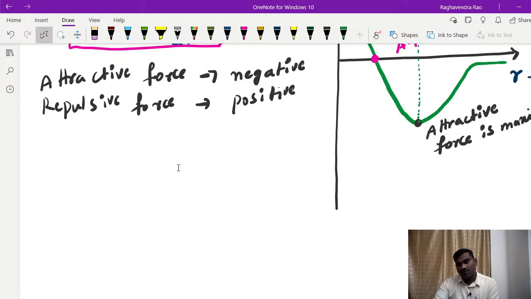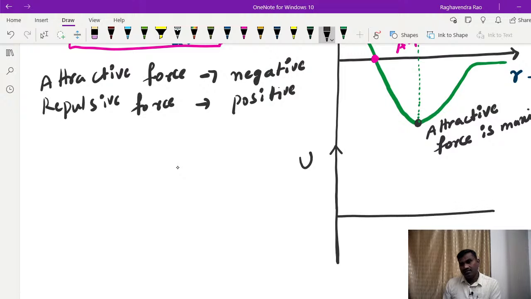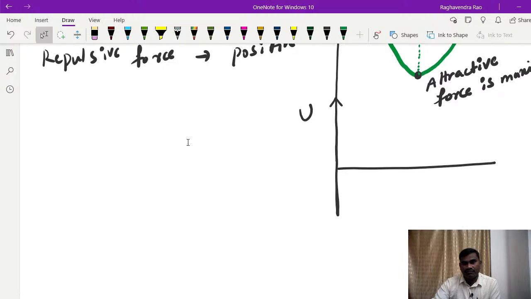Now the same we will represent with potential energy. This is U, potential energy, and this is the graph.